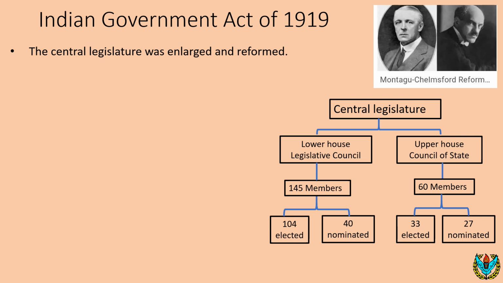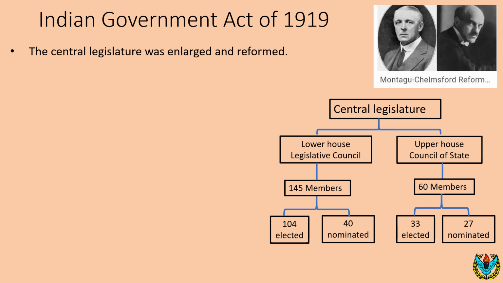It became a bicameral legislature for all Indians. Bicameral means 2 houses. One is called the Upper House and the other is the Lower House. The Lower House was known as the Legislative Council, and you can see the table on the screen.